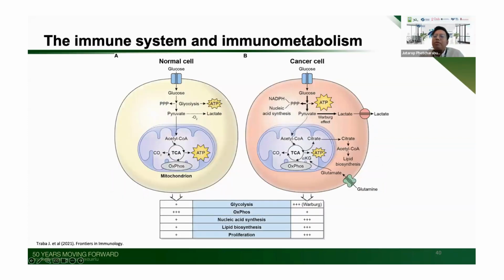So this figure shows the metabolic differences between normal cells in figure A and the cancer cells in figure B. The normal or quiescent cells in aerobiosis metabolize glucose mainly to pyruvate, which is then oxidized in the mitochondria to carbon dioxide using the TCA cycle and OXPHOS for generation of ATP. And the ATP synthesis takes place preferentially in the mitochondria.